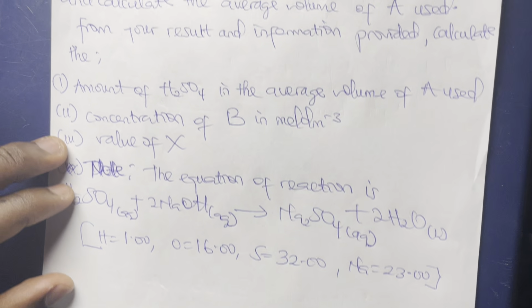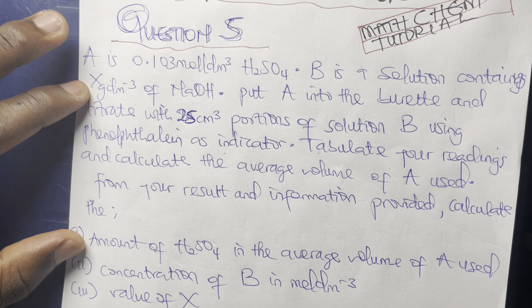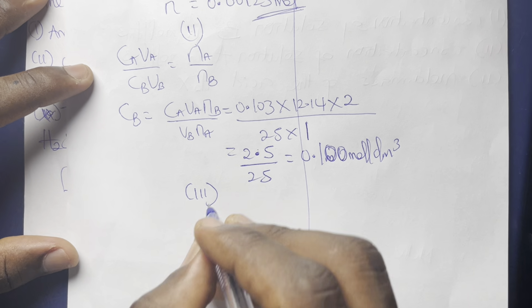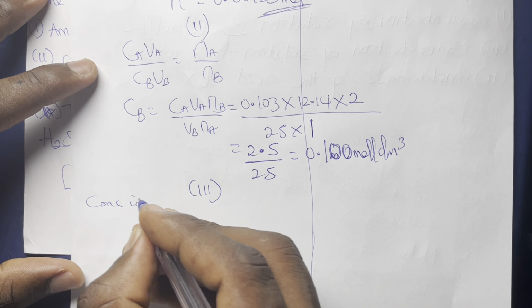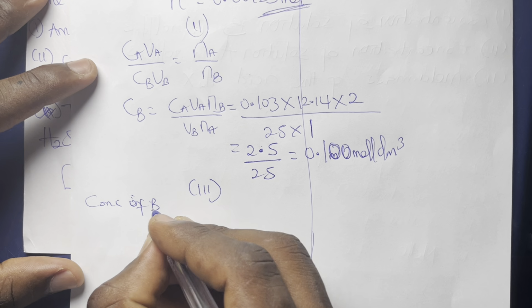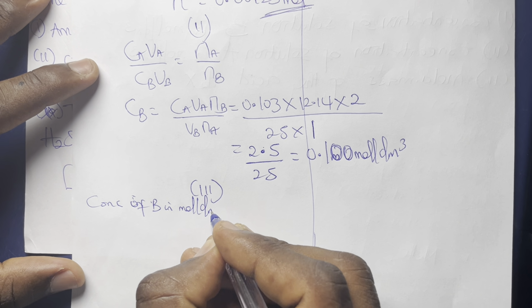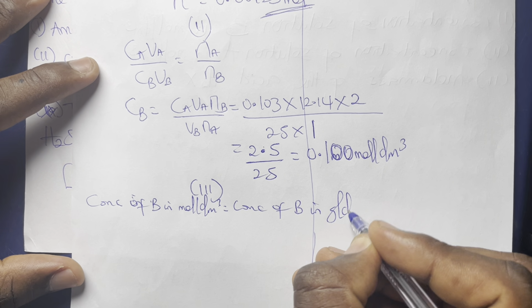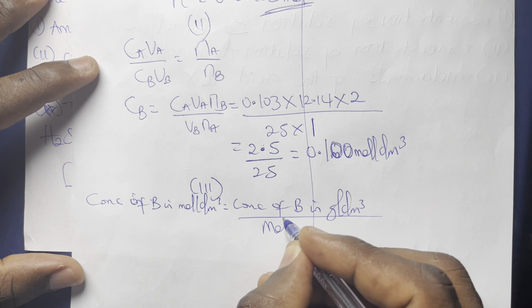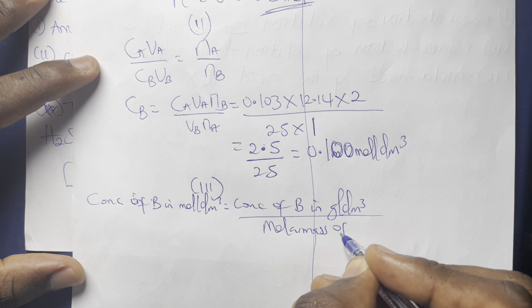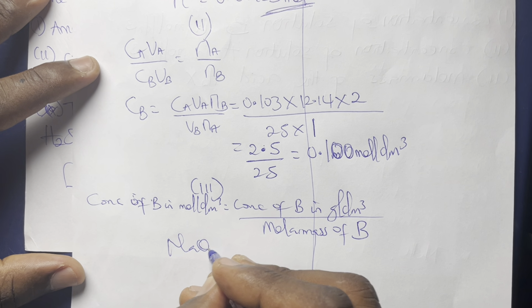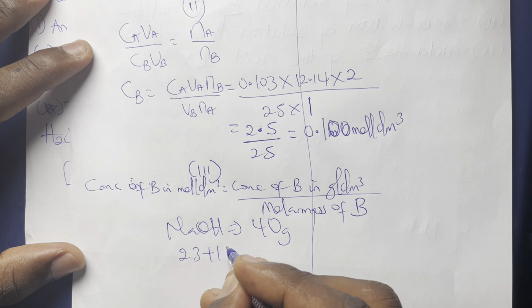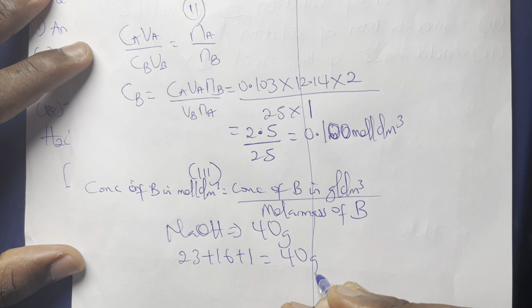Number 3 says you should find the value of x. What does this x represent? That x means the concentration of B in gram per dm cube. I will use this formula: concentration of B in mole per dm cube equals concentration of B in gram per dm cube over molar mass of B. B is NaOH, so the molar mass is 40, calculated as 23 plus 16 plus 1, that is 40 gram per mole.